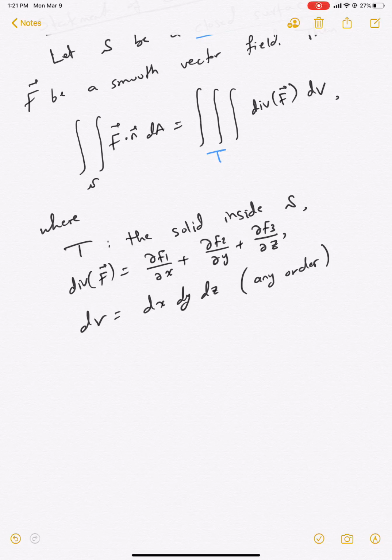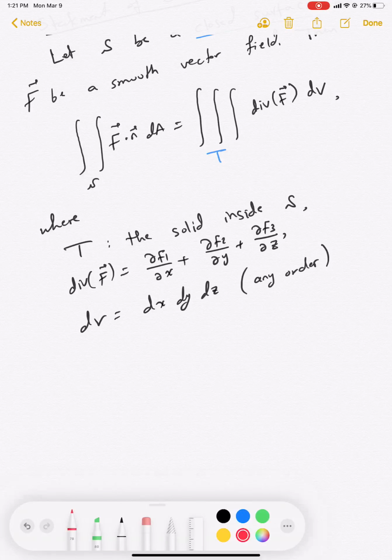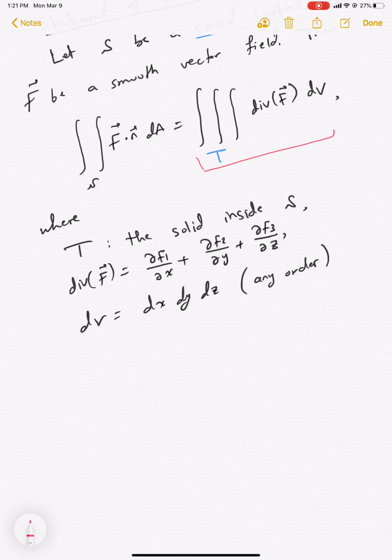So these are the notations used in the right side of the formula. But what about the left side? Remember, as a triple integral, we just have one answer. So if we are 40 students computing this right side, we'll get one answer, of course, if our solution is correct. But for the left side, remember, we can have 2 different answers depending on the n.